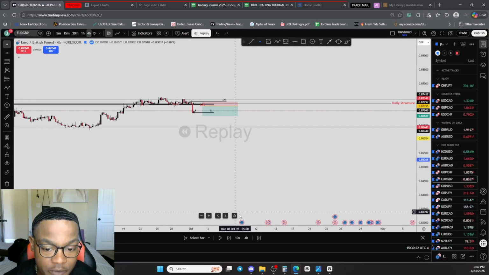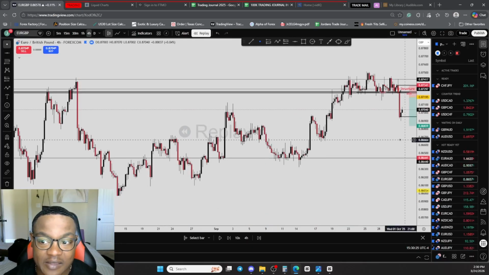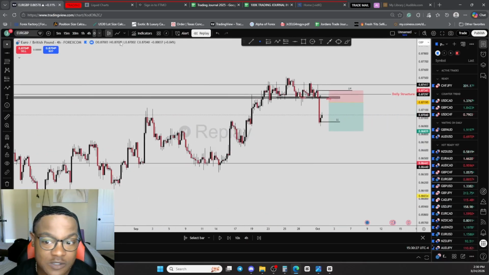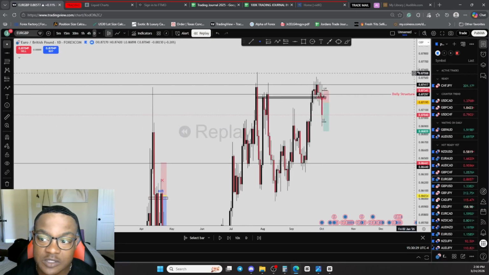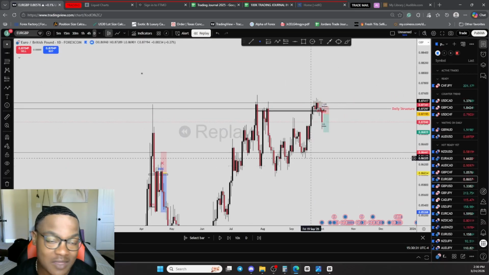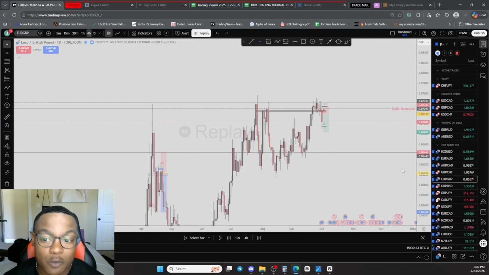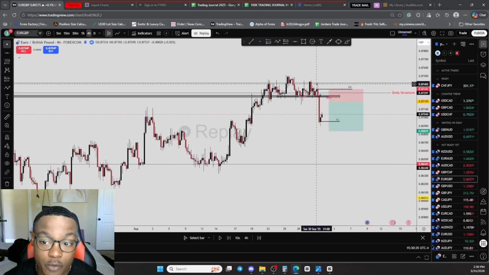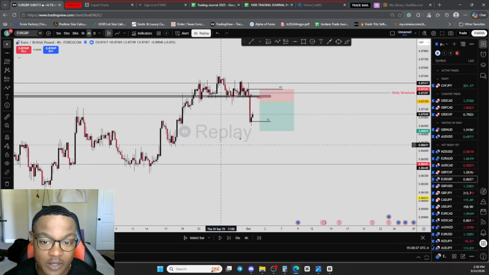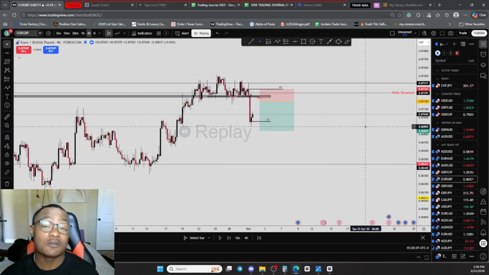On the 4-hour time frame, we see that is not the case whatsoever. We go back towards the daily, we see that the daily is bullish when performing this pullback in the market, but the 4-hour, we are bearish performing the break of structure in the market, which puts us out of sync with the daily time frame, and possibly the 4-hour can be in sync with the 1-hour time frame.